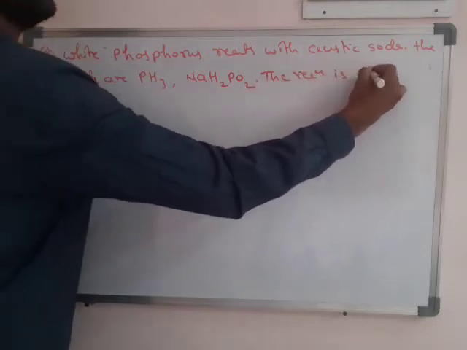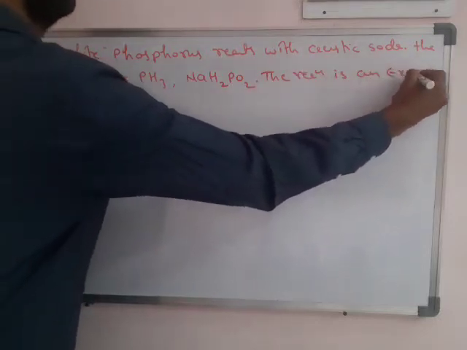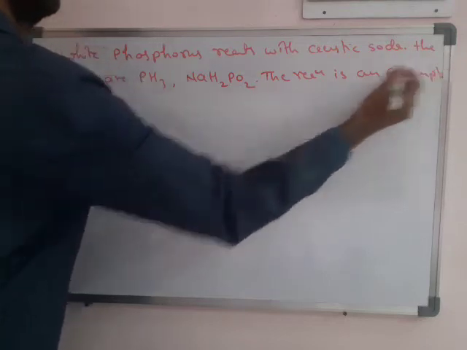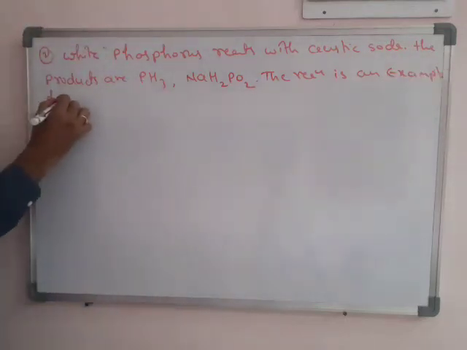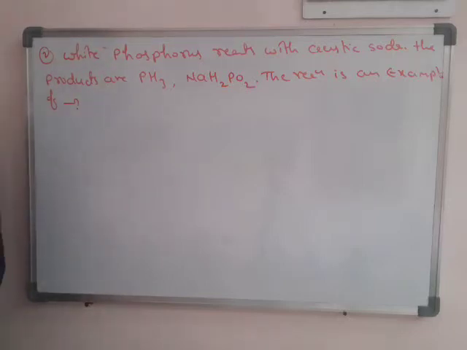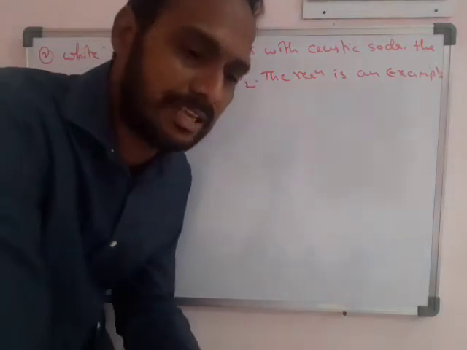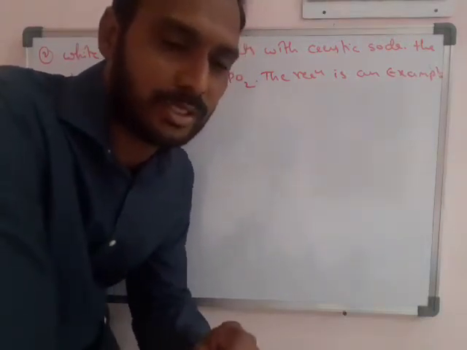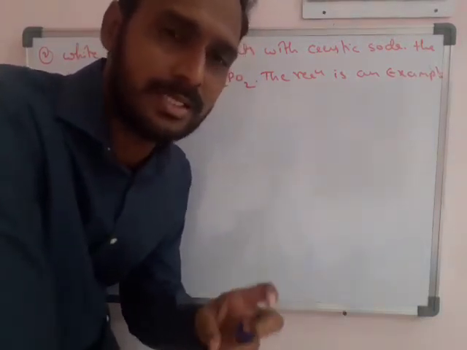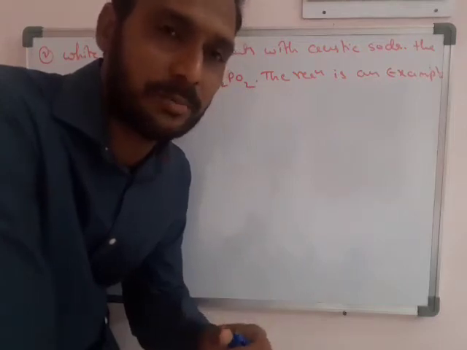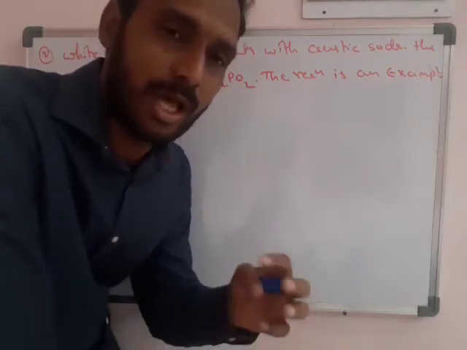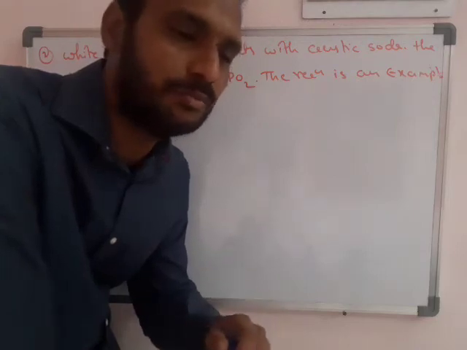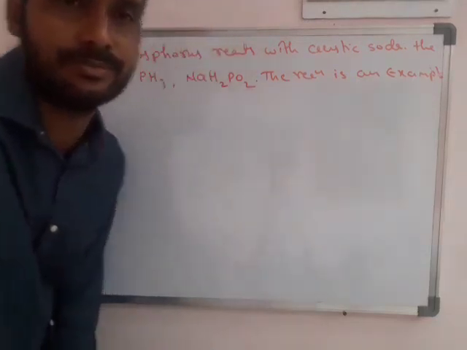The reaction is an example of which type? So we have to write the reaction. Already the products are given, but it is not compulsory that they will give the products. They may simply give the reaction of white phosphorus with caustic soda, and we have to know the products and do the further question.